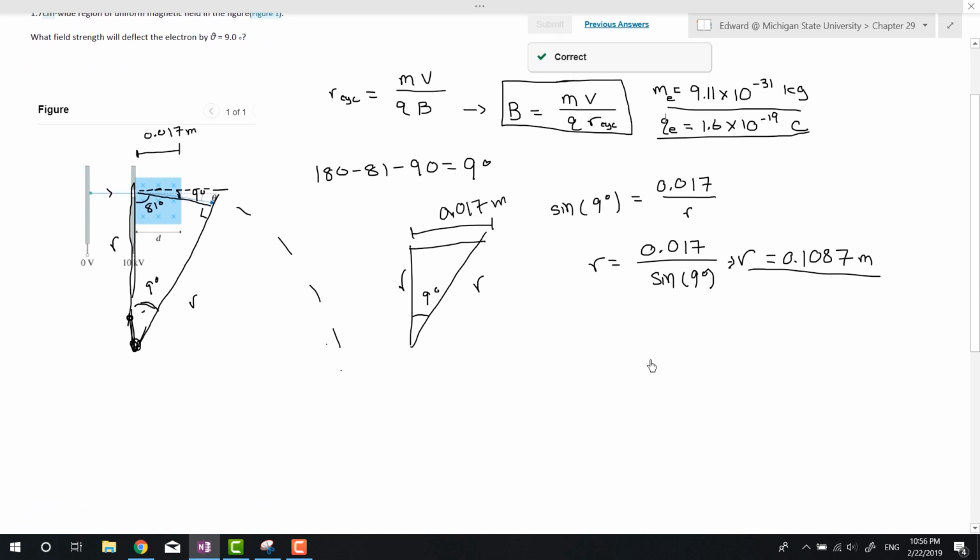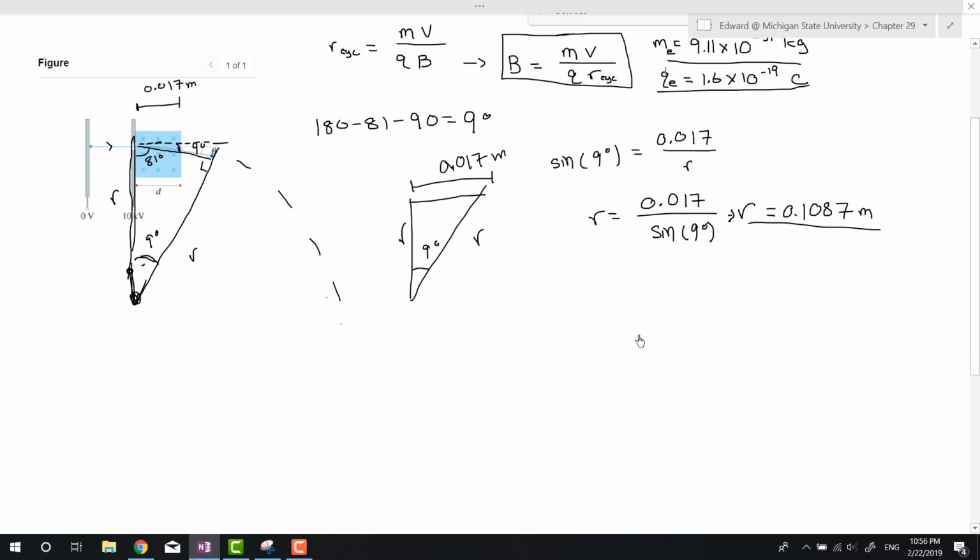Now this is where we got to use the conservation of energy. So if you guys remember, the conservation of energy was the final equals the initial energy, right? So E final equals E initial. And let's just write it out, the final. It's just going to be 1/2 mv squared plus the potential.